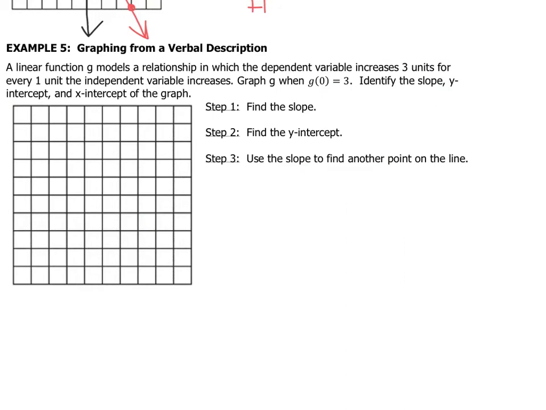So here's a kind of a word problem looking at graphing something from a verbal description. So as I look through this, there is no equation for me to use, but there's some key wording in here that I can use as my slope and then also my y-intercept.